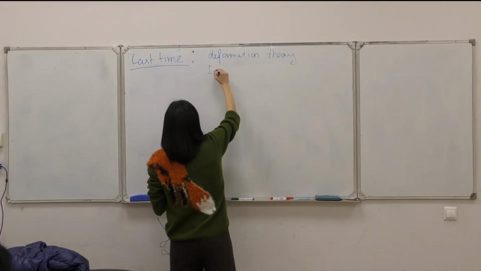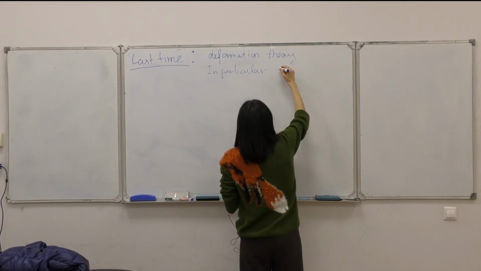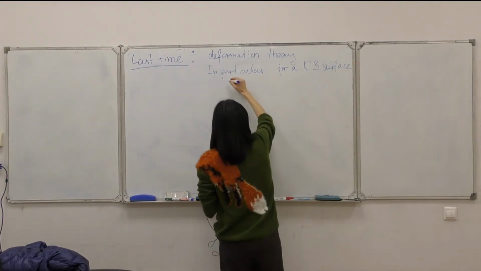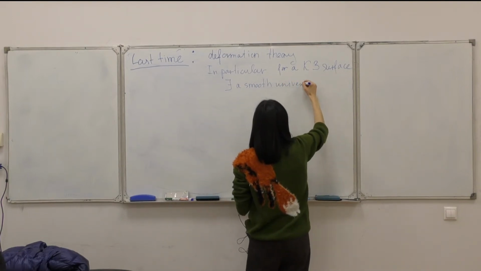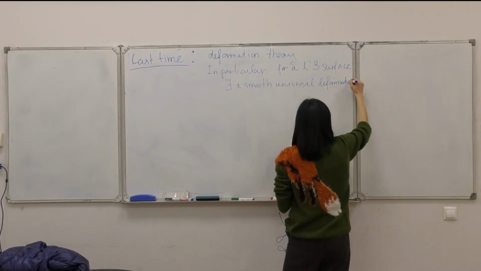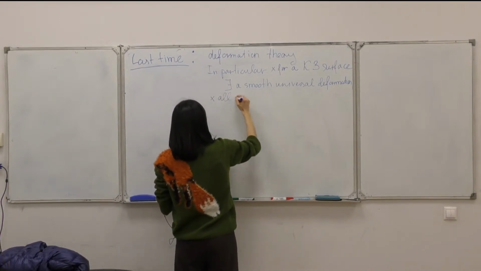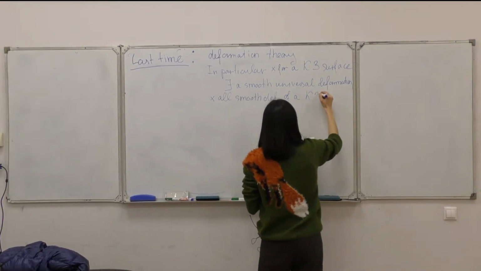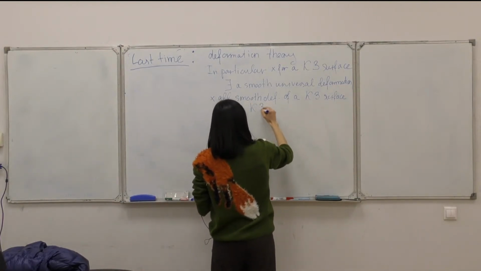In particular, for K3 surfaces, we proved that for a K3 surface, there exists a smooth universal deformation, and also we proved that all smooth deformations of a K3 surface are again K3 surfaces.